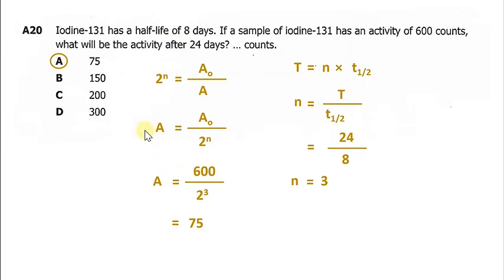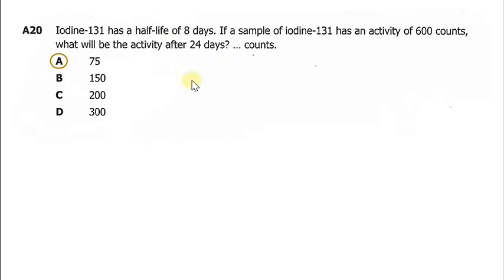Now I also answered it the other way around, where you don't have to use these two steps. Again, this question has a lot of work but only 1 mark. So I found another way, where you find it at once using this equation: final activity is original activity times open brackets 1 over 2 to the power T over t.